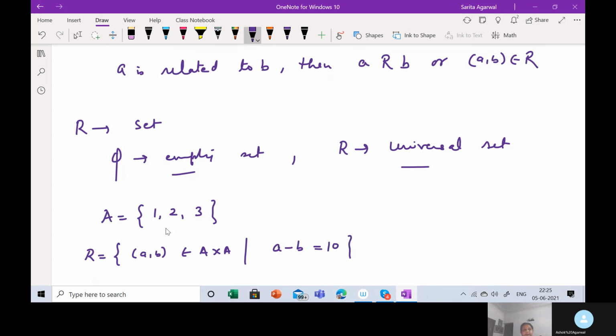Then you can see that in any case, we are not getting A minus B equal to 10. And that means this relation is empty. Right? So this relation is empty. Right? What is a universal set?